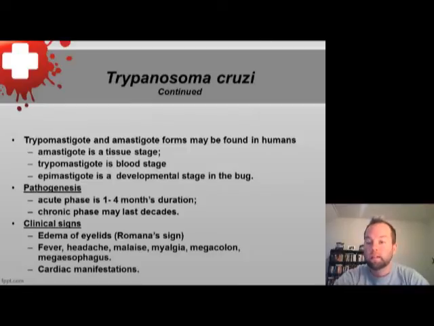In the event that infection does occur through crossing of the mucosal membrane, you get severe edema of the eyes from the cells near or around the site of the eye being infected with the amastigote phase of the parasite, and this is known as Romaña sign.